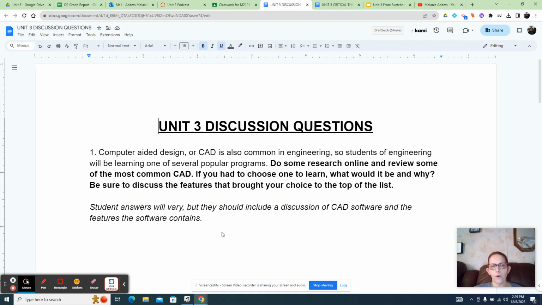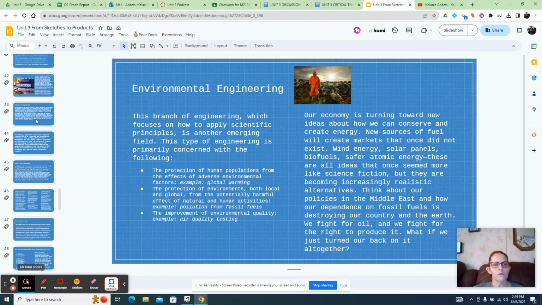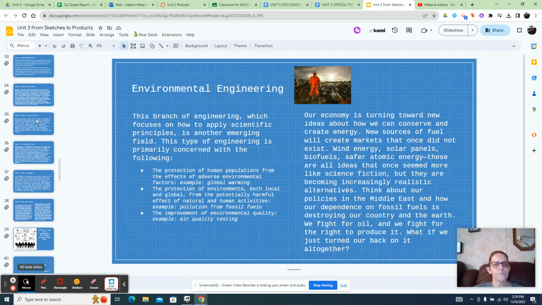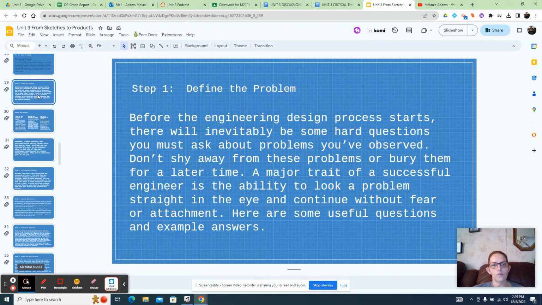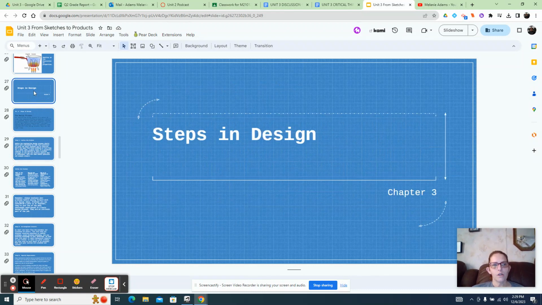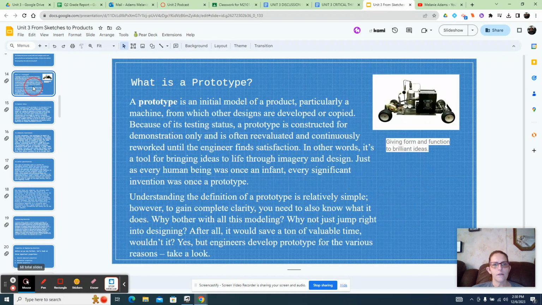So what CAD software? I do Tinkercad. So Tinkercad could be one that you use. Was that mentioned in the slideshow? I don't know. Don't recall that one. So Tinkercad, SketchUp, Autodesk, Inventor. Those are some of the ones that you could discuss.